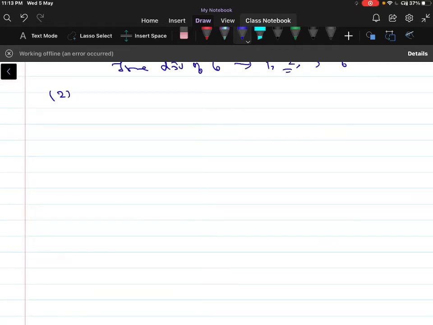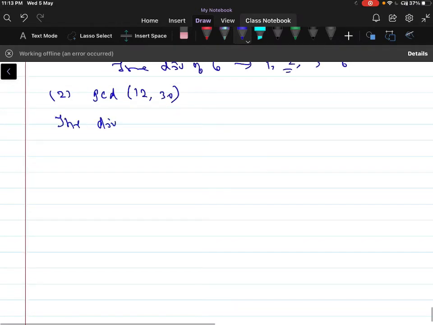Now let us consider the second example, GCD of 12 and 30. Let us find out the divisors of 12. 1 divides 12, 2 divides 12, 3 divides 12, 4 divides 12, 6 divides 12 and 12 divides 12.